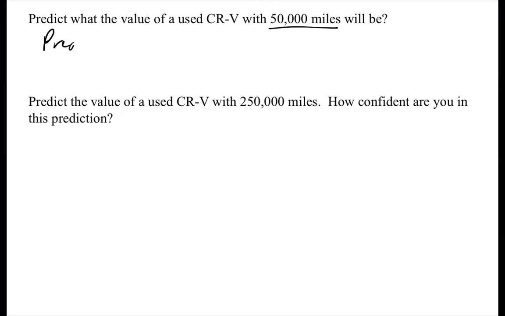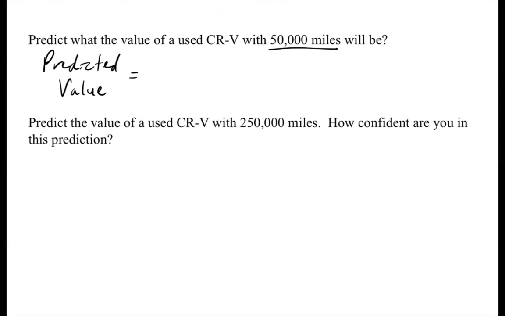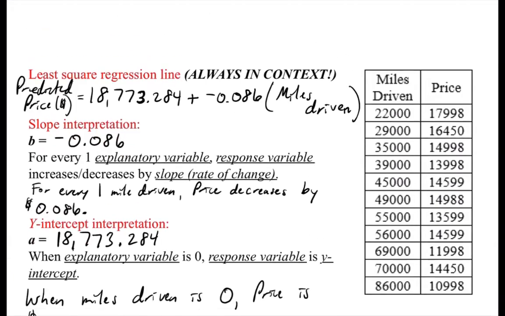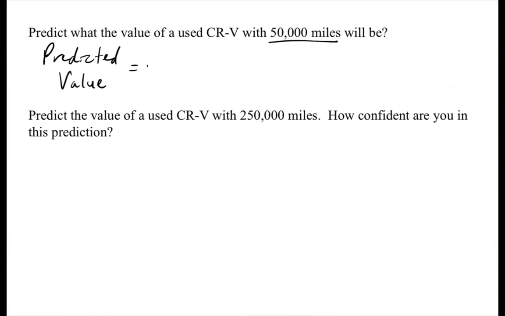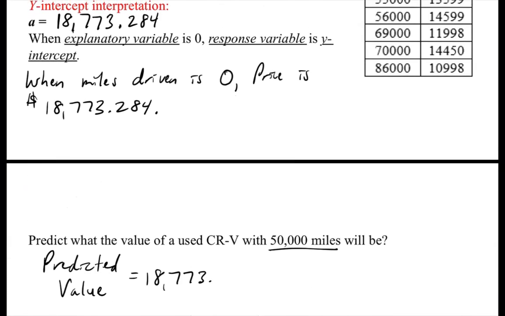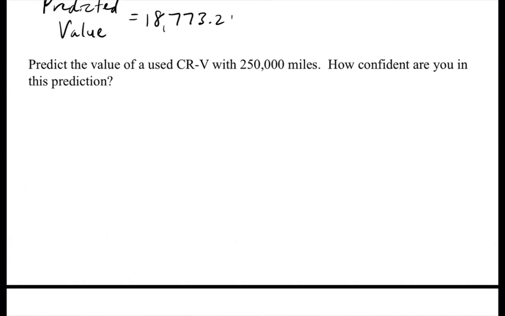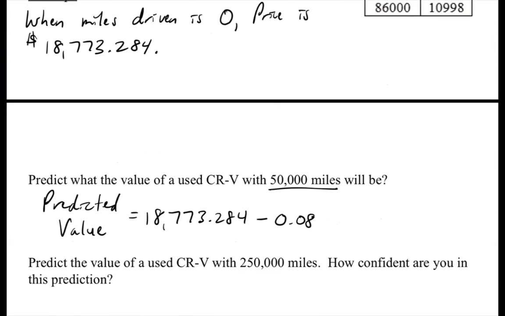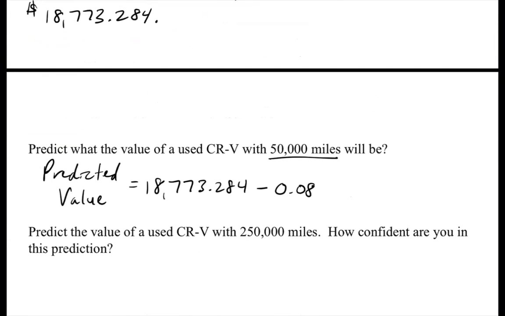Predicted value equals 18,773.284 minus 0.086 times miles driven.